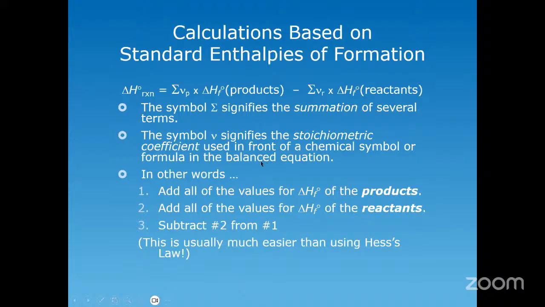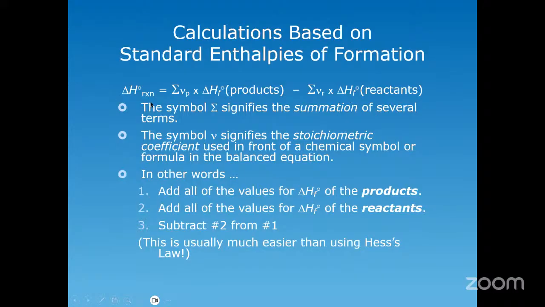Okay, now, based on those values, we can, as I said before, determine the standard enthalpy of reactions based on the standard enthalpy of the formation of each compound or each substance involved in the reaction. And basically the way we do that is by using this equation right here, which might look a bit confusing, but it's actually quite simple, right?